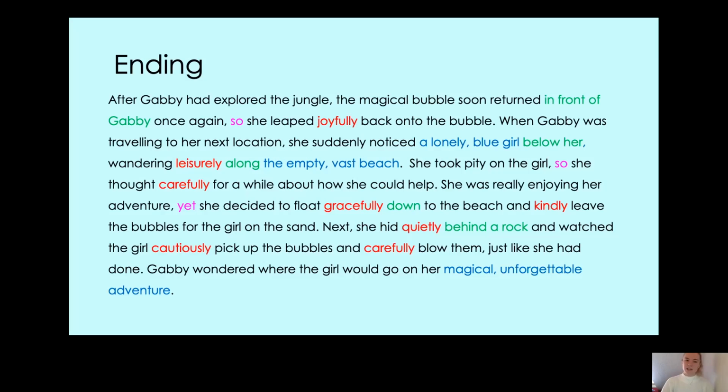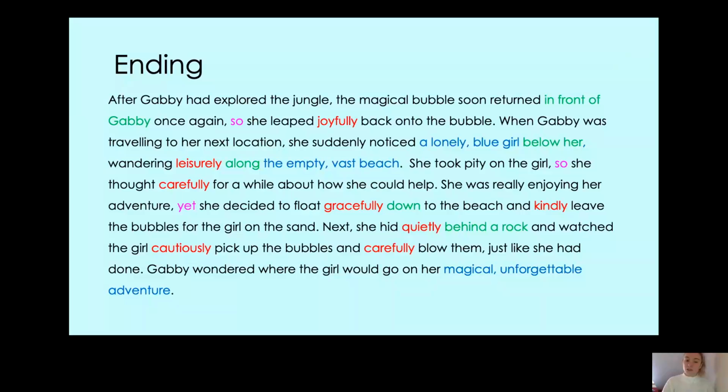After Gabby had explored the jungle, the magical bubble soon returned in front of Gabby once again. So she leapt joyfully back onto the bubble. When Gabby was travelling to her next location, she suddenly noticed a lonely blue girl below her, wandering leisurely along the empty, vast beach. She took pity on the girl, so she felt sorry for her. So she thought carefully for a while about how she could help.